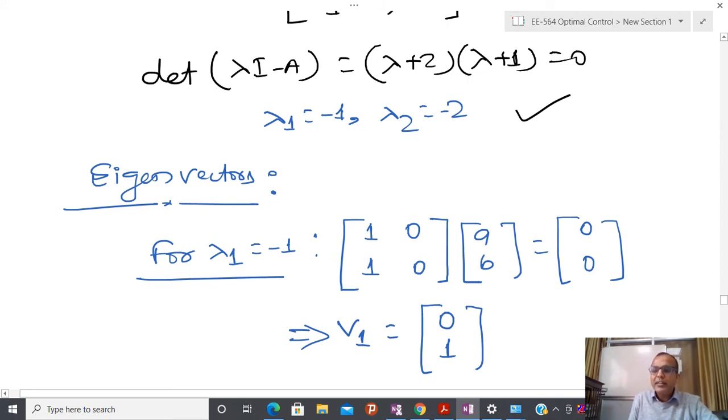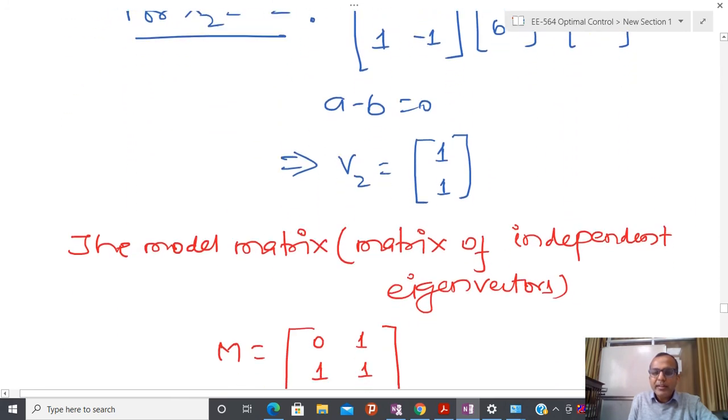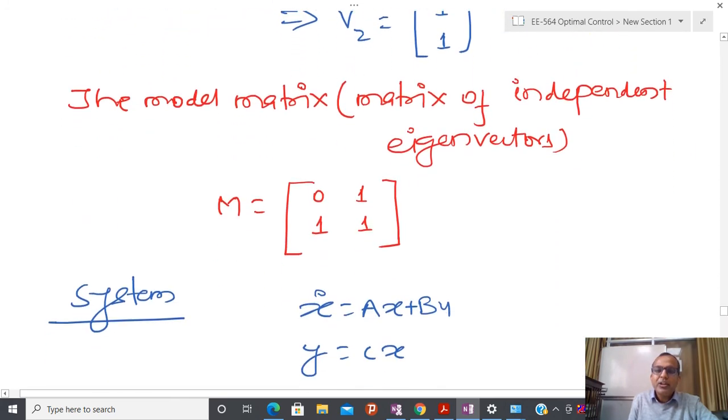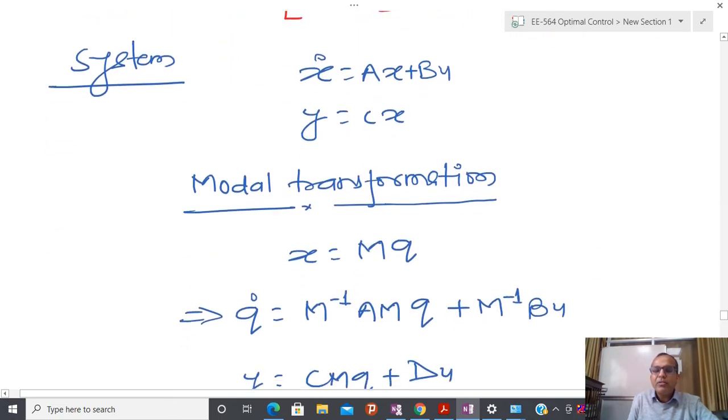So you can calculate the eigenvalues and eigenvectors. After that, you can form some kind of modal matrix. The modal matrix is nothing but the matrix of independent eigenvectors, and using that modal matrix you can perform some kind of transformation.